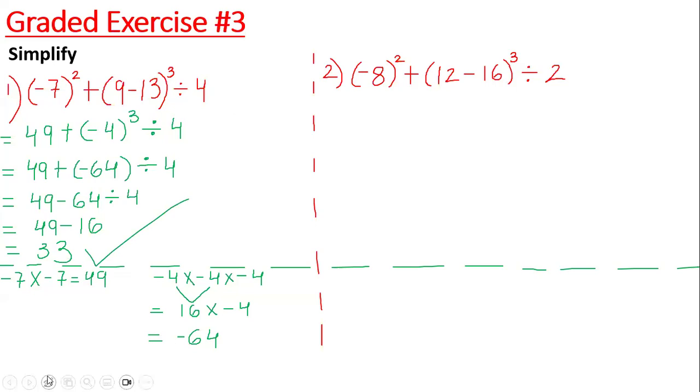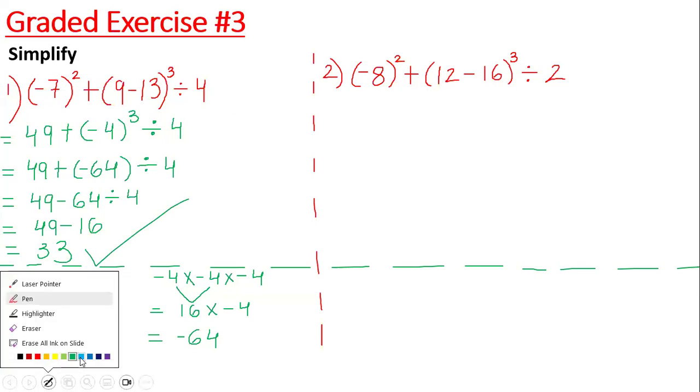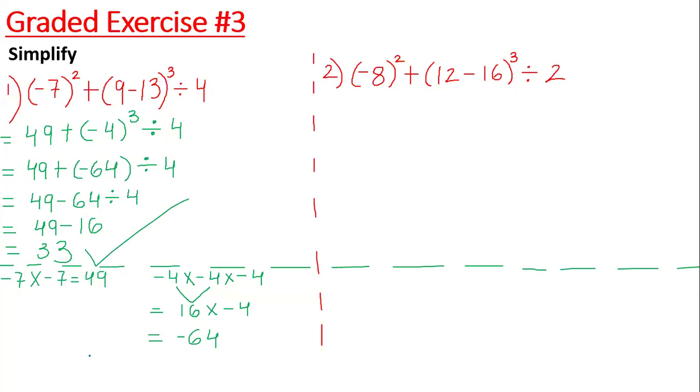I got number 1 wrong because I passed the second part, and in the third part, instead of 64 divided by 4, I wrote 64 divided by 2. Okay. Bobby's looking at the previous example.